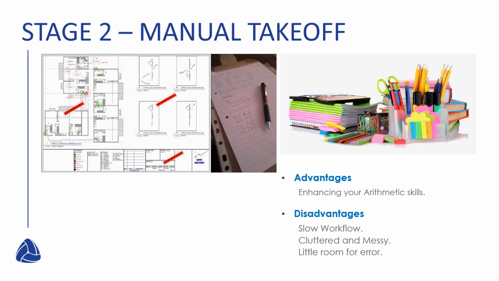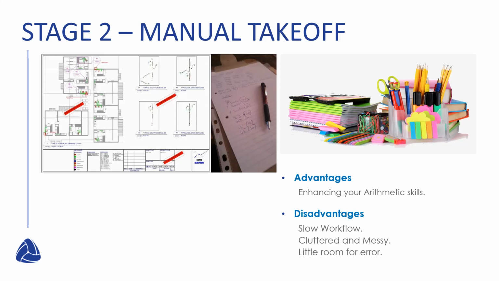And this comes back to that first item of slow workflows. If you mess up on a piece of paper, if you've drawn and you want to erase that, it becomes incredibly difficult. And if you really do mess up within the quantity takeoffs and you miscount an item, it affects your BOQ schedule down the line.